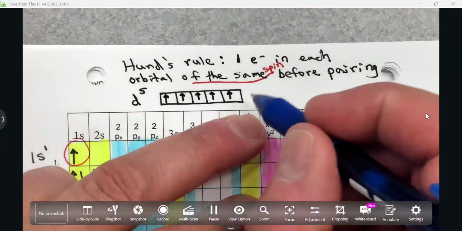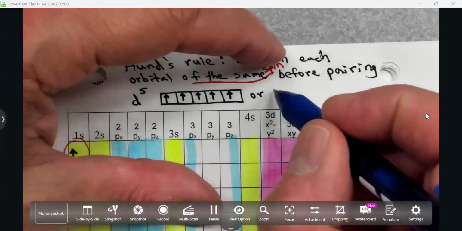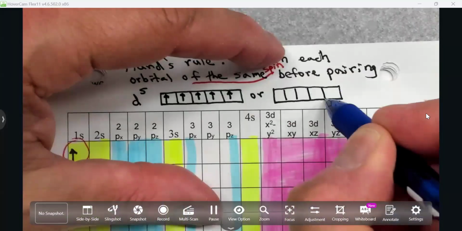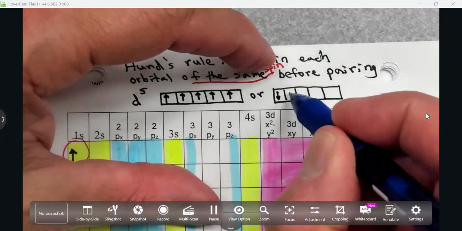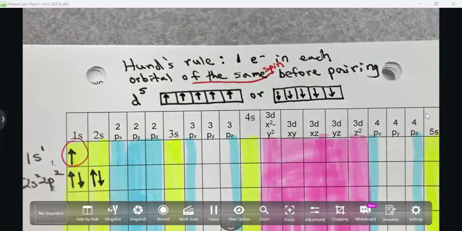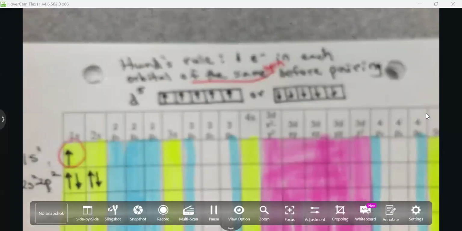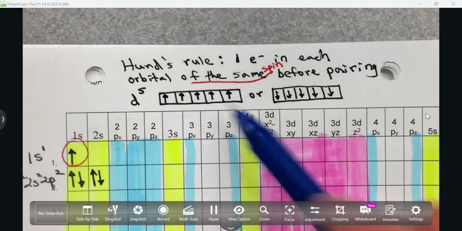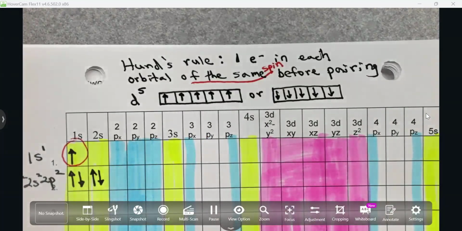I'd have to do 5 all up, or 5 all down, right? That is particularly stable. They like a d5, half filled, 5 up or 5 down.